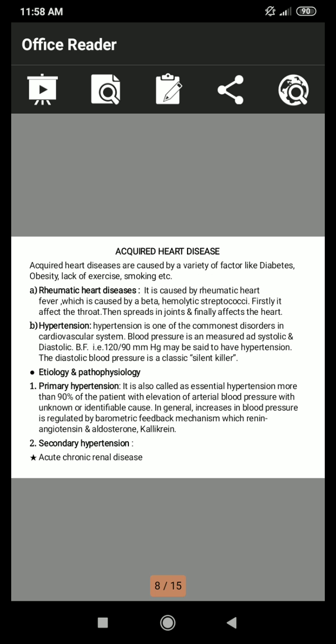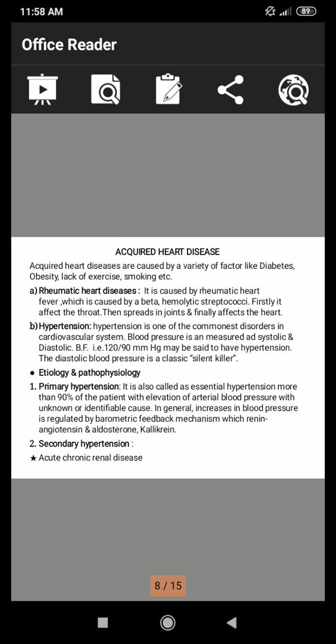Hypertension is one of the commonest heart disorders in the cardiovascular system. Blood pressure is measured as systolic and diastolic. Systole is when blood is pumped out of the heart, and diastole is when the heart is at rest and blood returns to the heart.